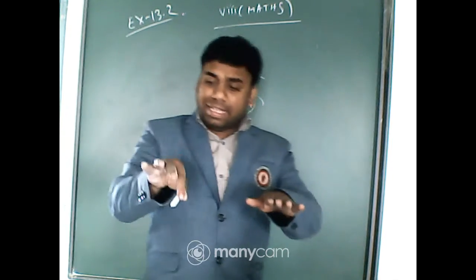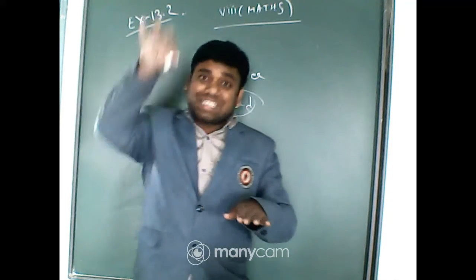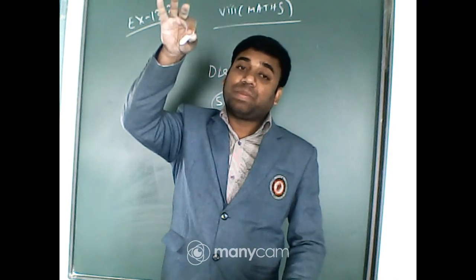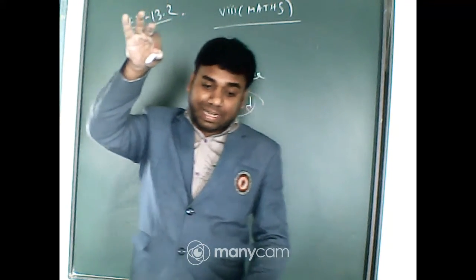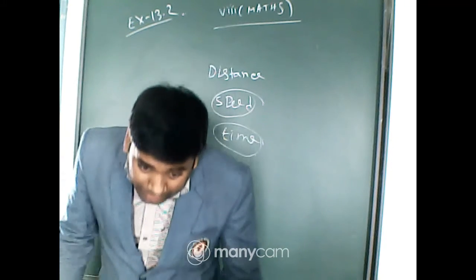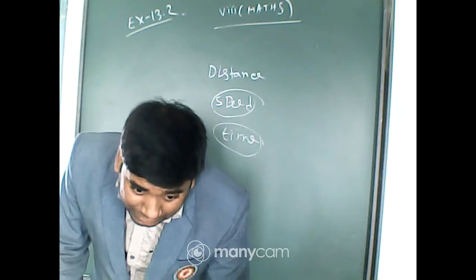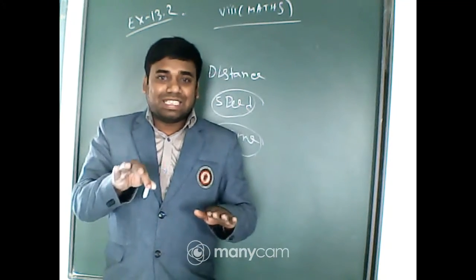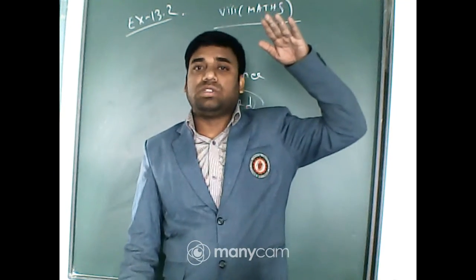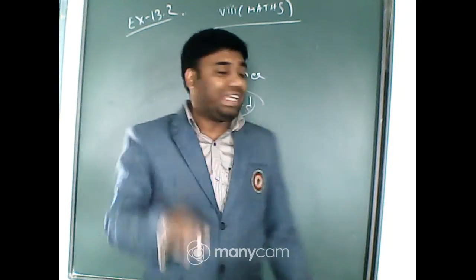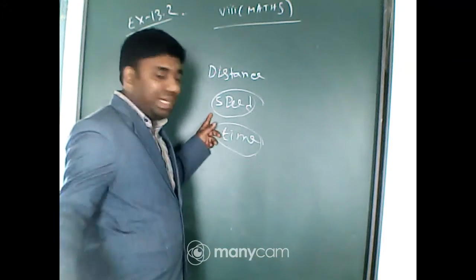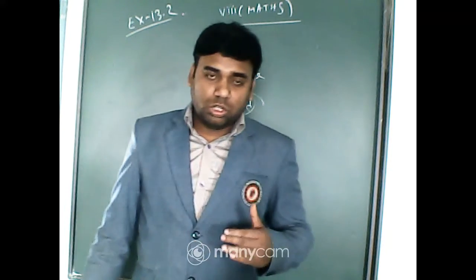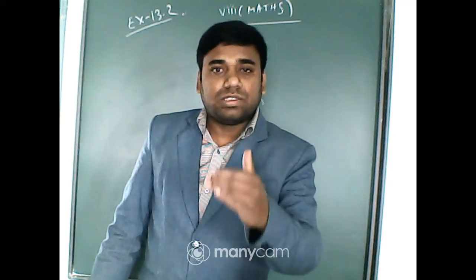Two variables, x and y. If x is increased, y must be decreased. For that increase of x, y is decreased; that is inverse proportion. If x is decreased, y is automatically increased. Here, one variable is speed, another variable is time. If speed increases, automatically time will decrease.